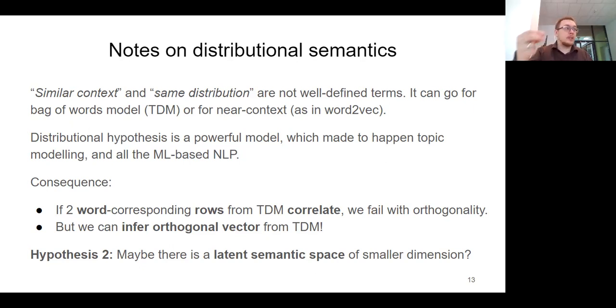It gave us the idea that the distribution of words can be a good source of information. If you look at any NLP model today, you don't need additional markup for data. For any machine learning task, you need what? You need data and you need a target.